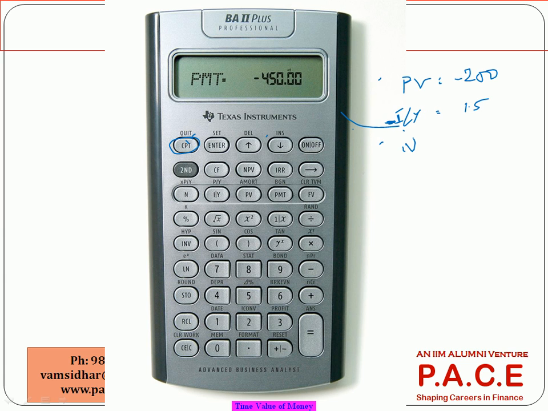Then N is 20. PMT is 0. You enter these 4 elements. And finally you say compute FV. You will get the future value at the end of that much period.